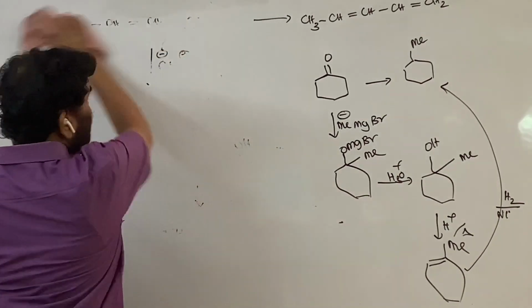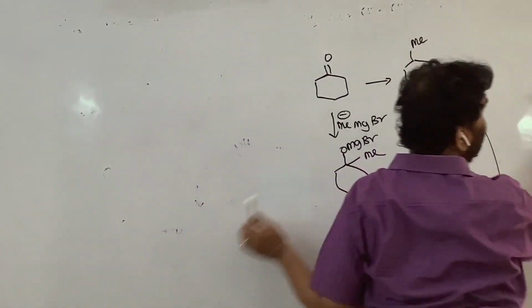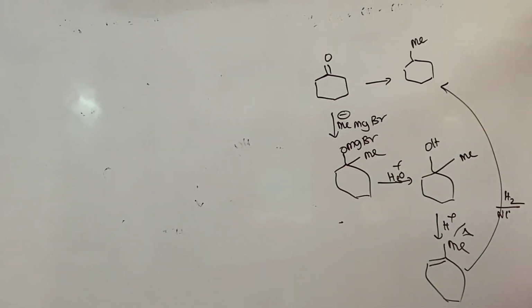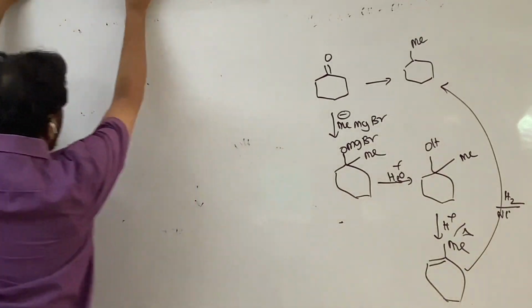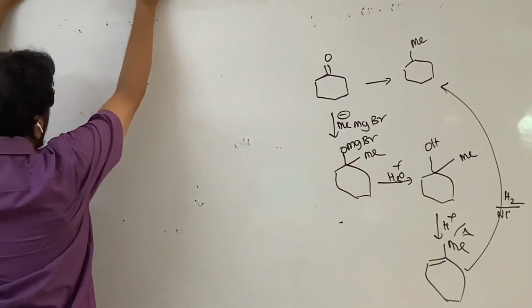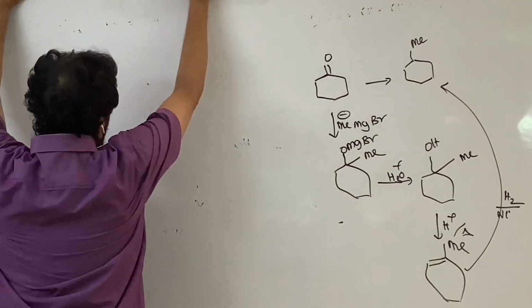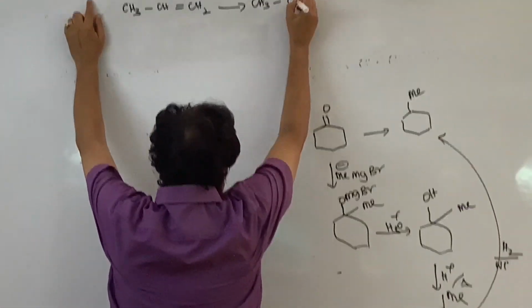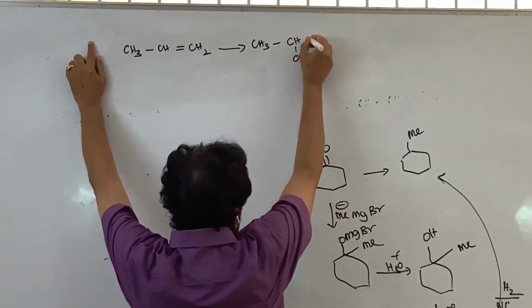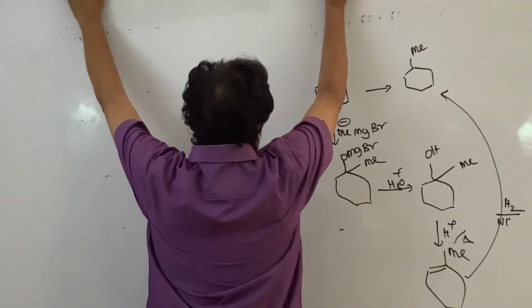The next conversion is propane to, see, the starting material is converted into CH3 CHOH, that is CH2D.